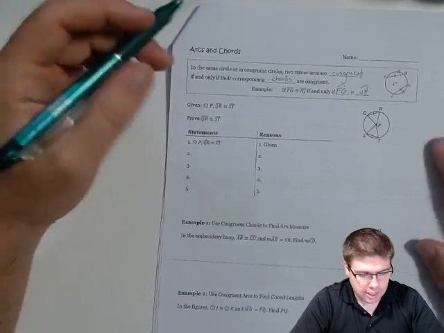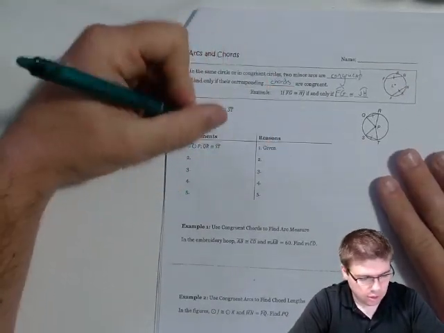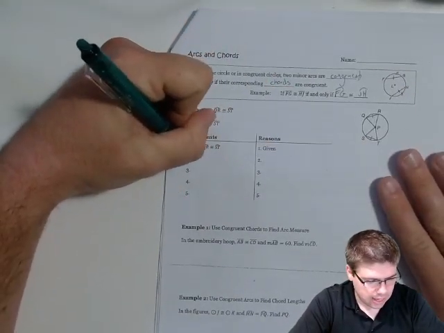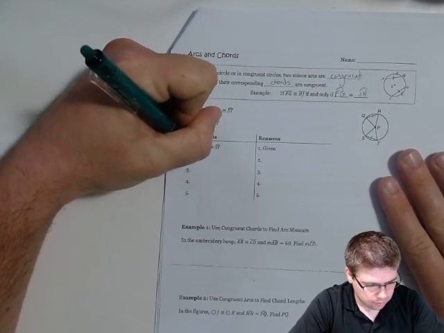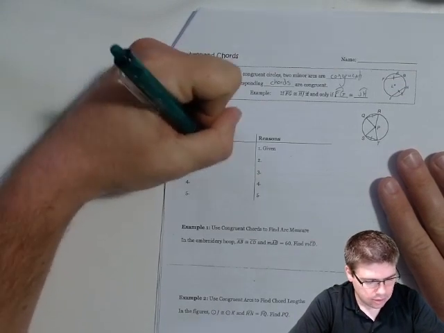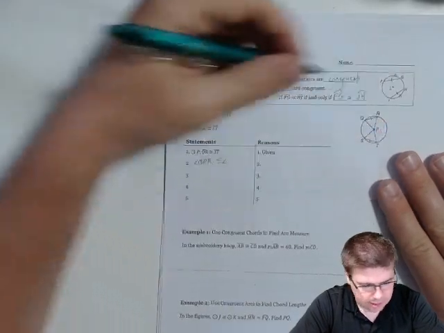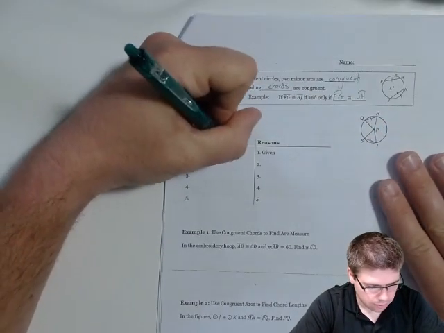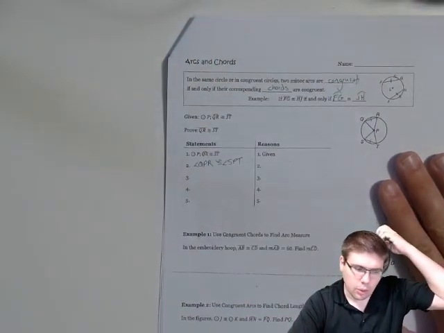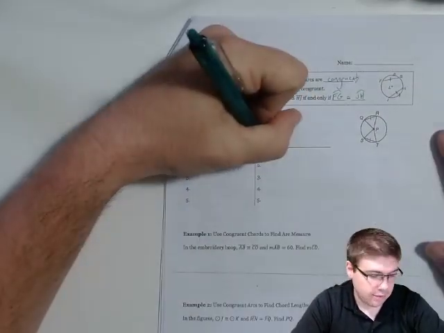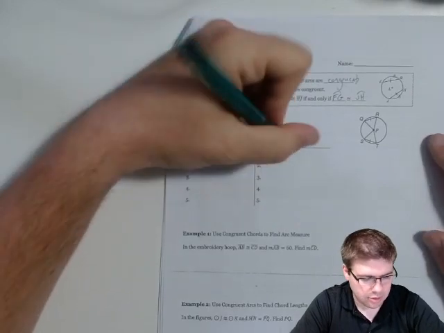So our first thing is we know that if the arcs are congruent, we know the angles are congruent. So I could say angle QPR is congruent to angle SPT, or TPS, whatever way you want to say that. And that's because if arcs are congruent, then the corresponding central angles are congruent.